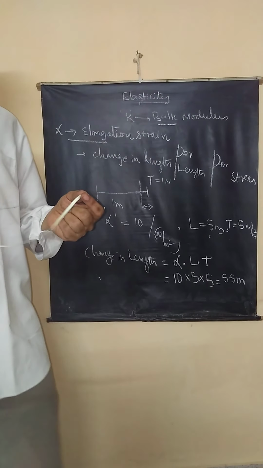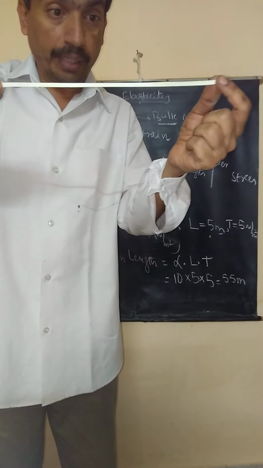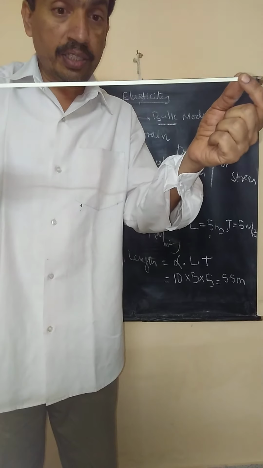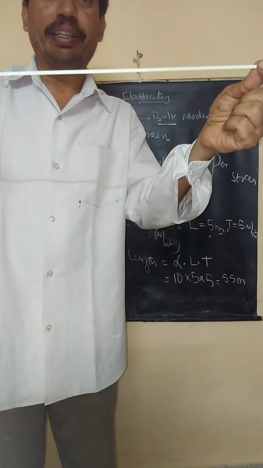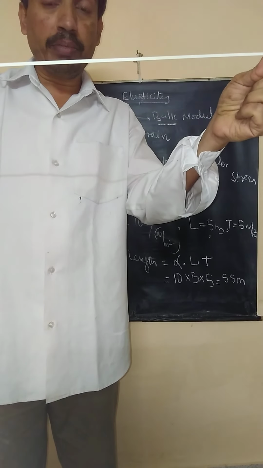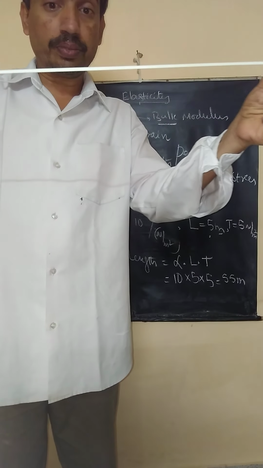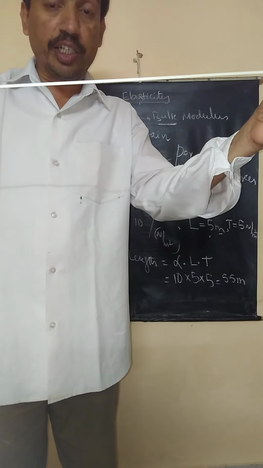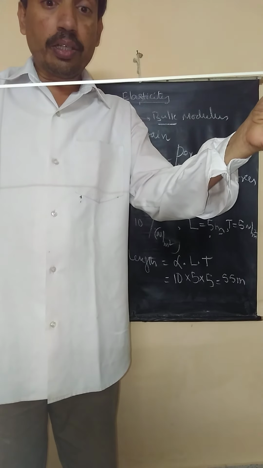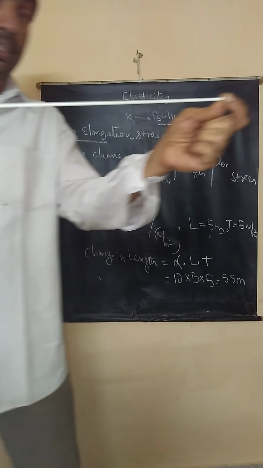But what is compression strain? Observe carefully. As I increase the length, please observe the decrease in the width of the material. See, it is becoming thinner and thinner. The width of the material has reduced. So, what is compression strain?